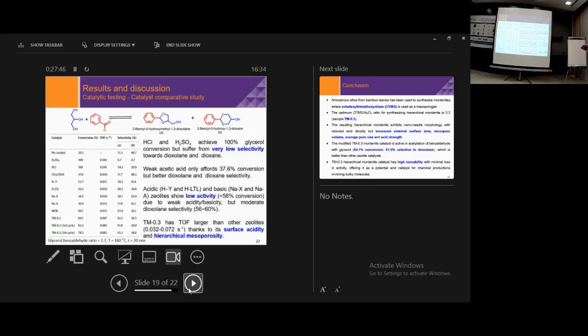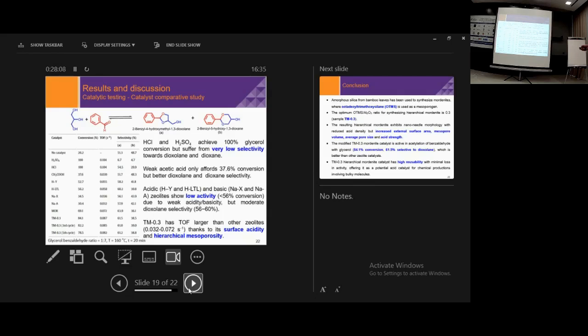However, for the acetic acid, although it gives a low conversion, 37.6%, it gives a better dioxolate and dioxane selectivity. So the low conversion is due to the weak acidity.